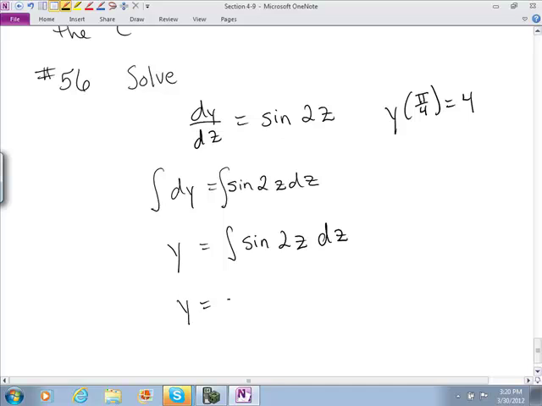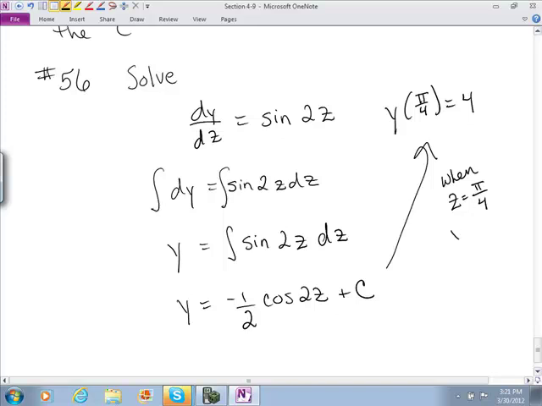So this is going to be y equals negative 1/2 cosine 2z plus c. But here's where something exciting comes into play, and that is that we were told that y at pi over 4 is equal to 4. So this means that when z equals pi over 4, y equals 4. So we can plug that in and find c.